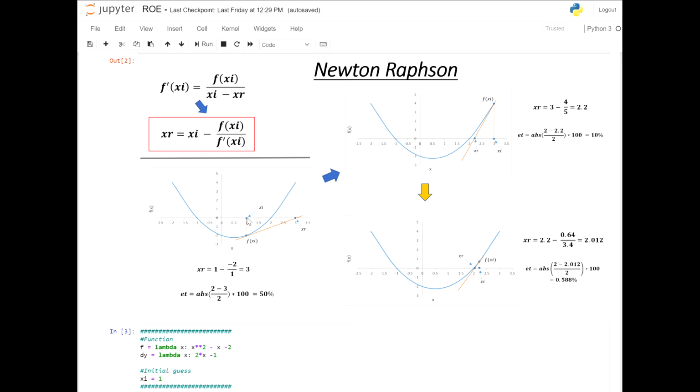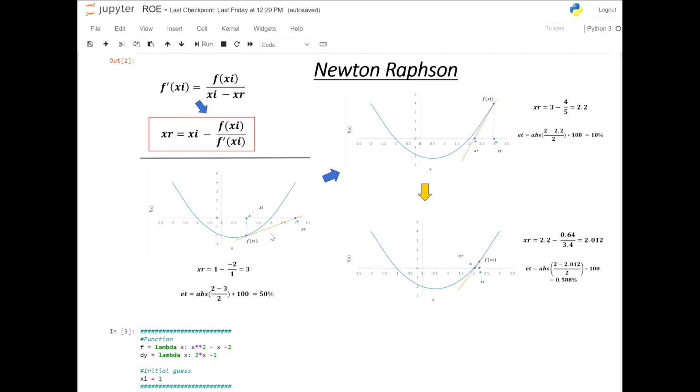for the first guess and for the 2 subsequent estimations, we basically got the derivative at that particular point, and where that derivative or that tangent intercepted the x-axis, this is going to be our estimation of the root.